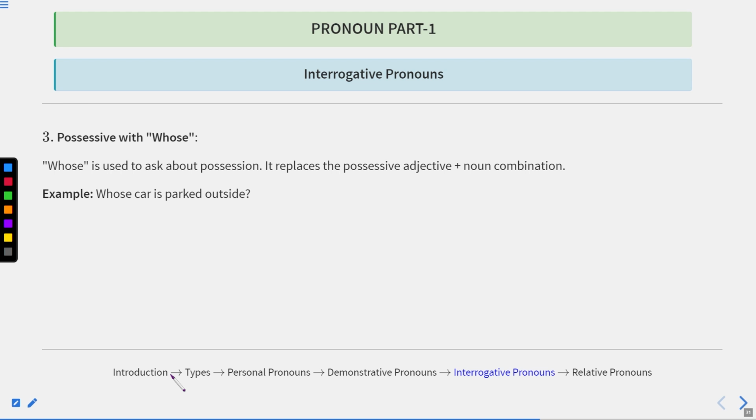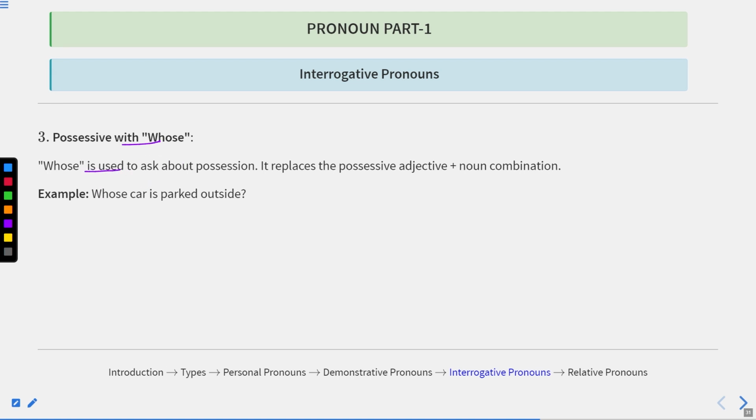Okay, now, possessive with whose is used to ask about possession. It replaces possessive adjective plus noun. For example, whose car is parked outside? But moreover, you can say more precisely that it is a possessive adjective. Okay, so it does not replace.